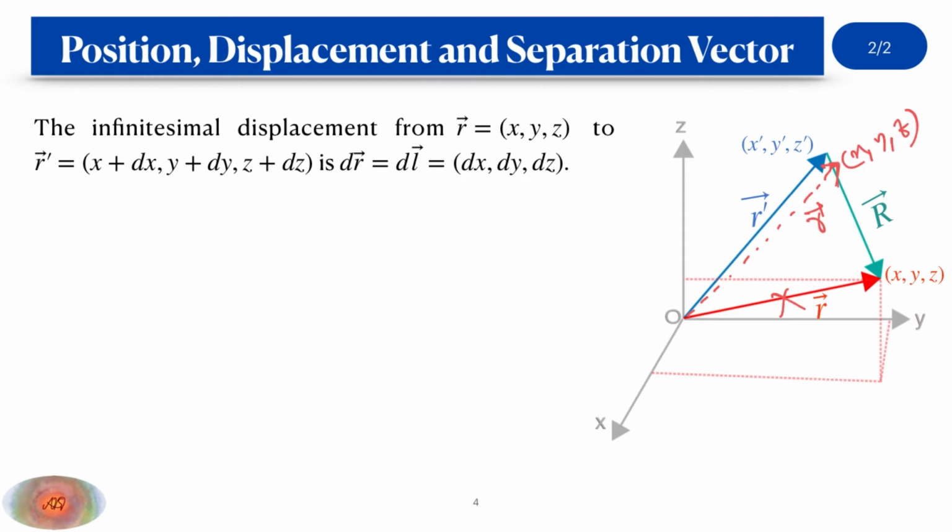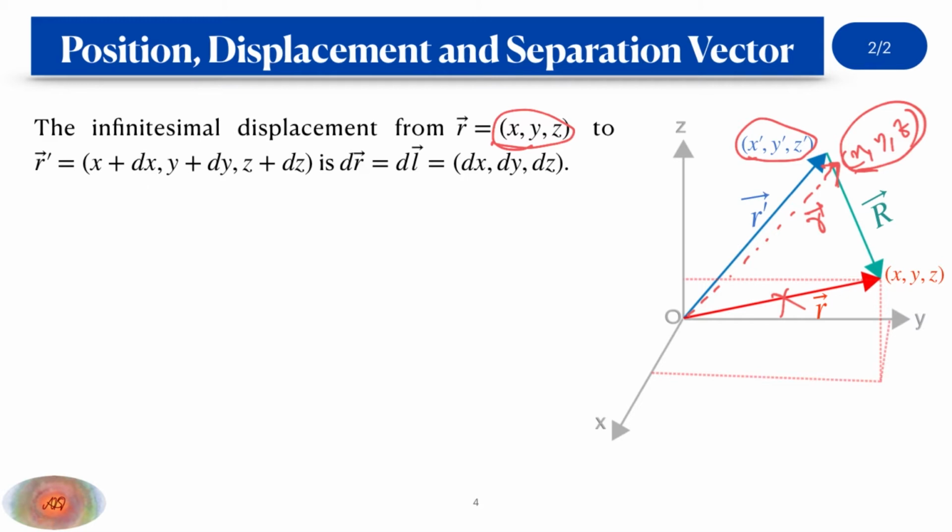Therefore, the distance between the source point and the field point is very small, and if the distance is infinitesimal, then the coordinate of the source point differs from the field point xyz by a very small incremental distance along each component.